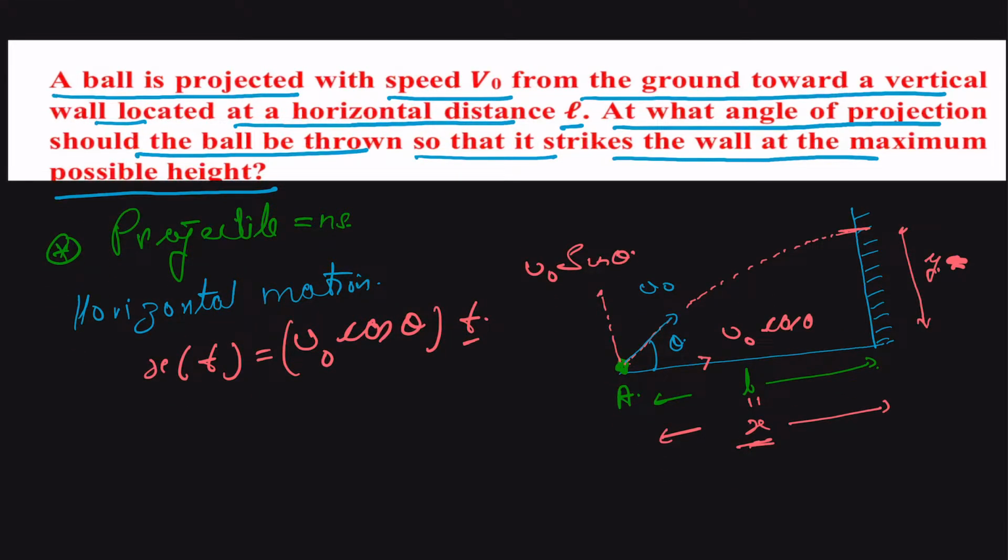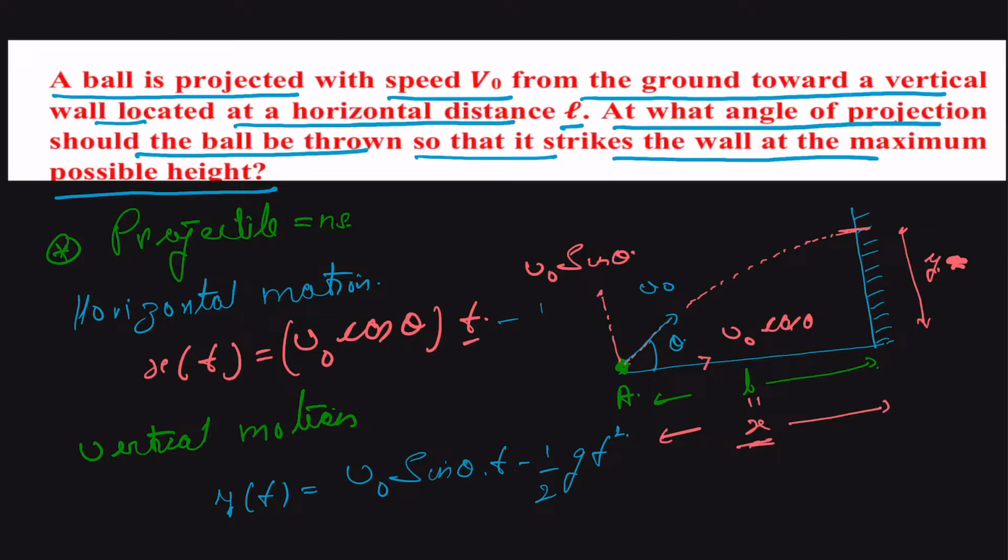And we can also write the equation for the vertical motion. Vertical is y of t, which will be equal to its initial velocity in the y direction, v naught sine theta, multiplied by t, minus half g t square.